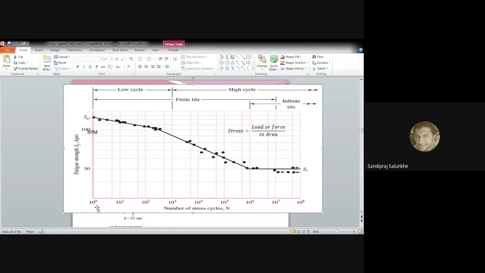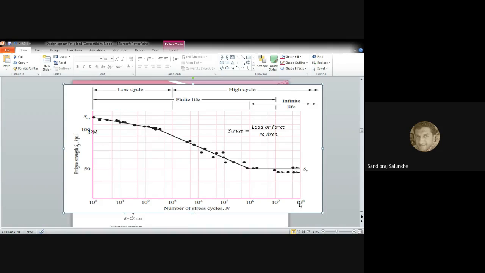Otherwise, if suppose you start from zero number of cycles, 1, 2, 3, 4, 5, when you will reach up to 10 raised to 1, forget about 10 raised to 1, when you will reach up to 10 raised to 8. So you have to use a line of 1 kilometer on which you have to make the marking, okay, which is not feasible, which is not possible. So log scale is better to use for this experiment. Okay.